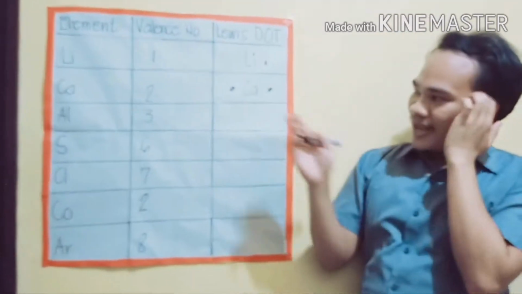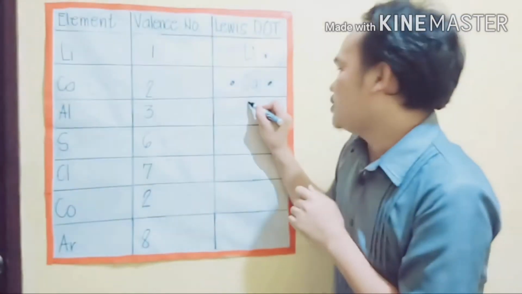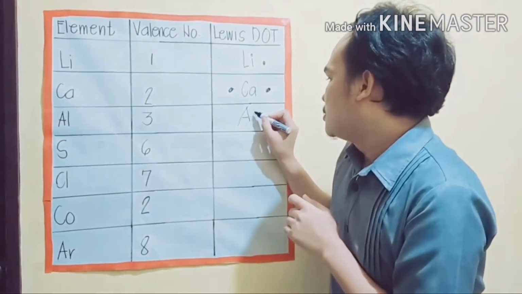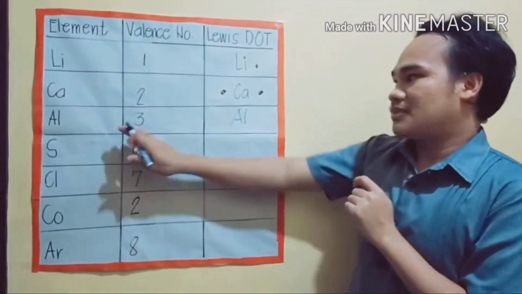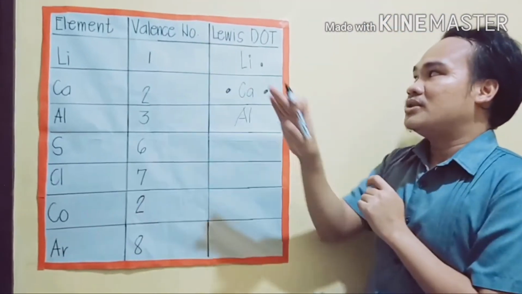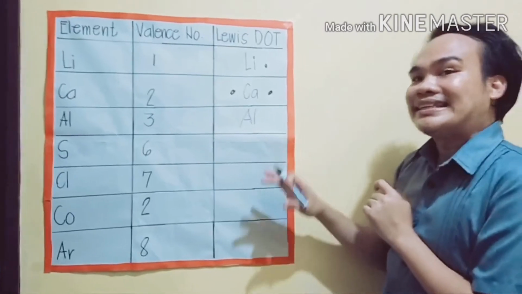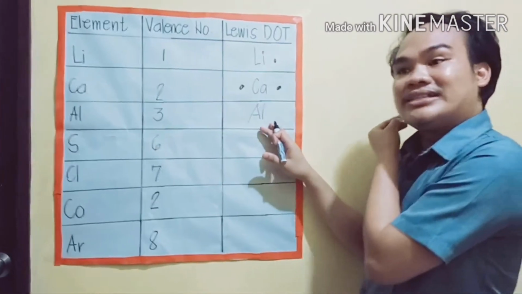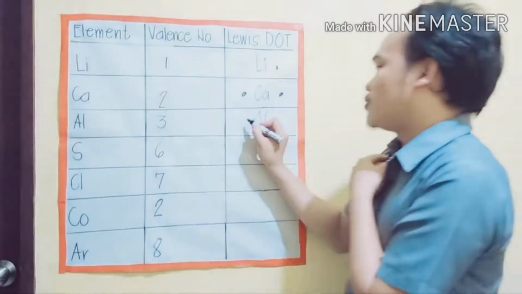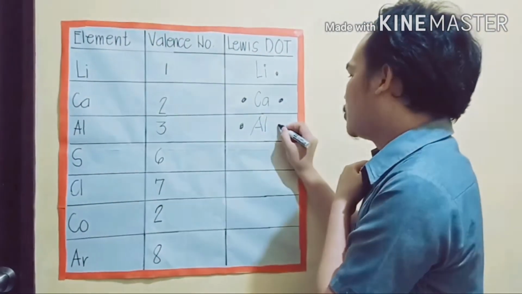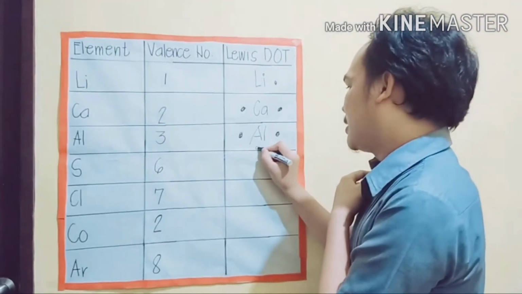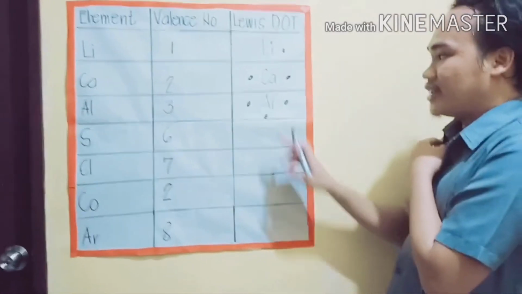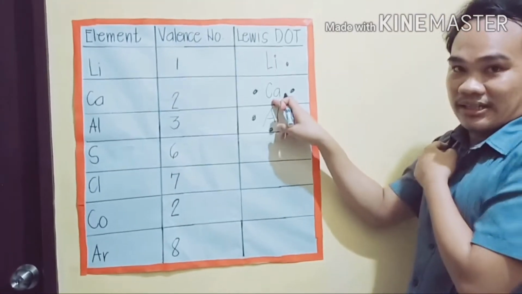Okay, number 3, we have aluminum. We have 3 valence electrons. Therefore we are going to write 3 dots around the symbol of aluminum. So 1, 2, 3. Or you can write 1, 2, 3.